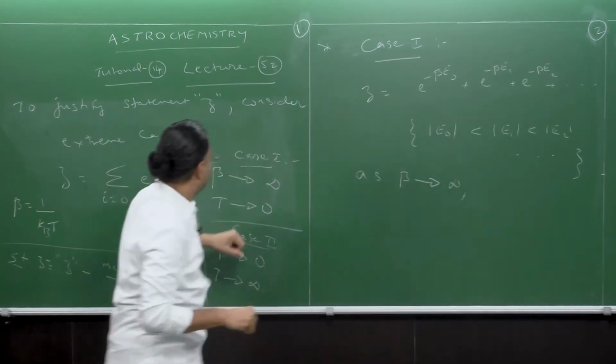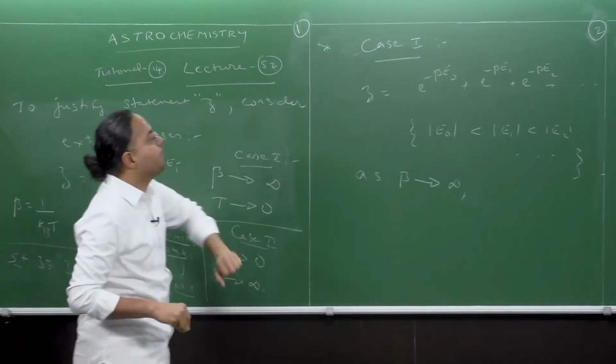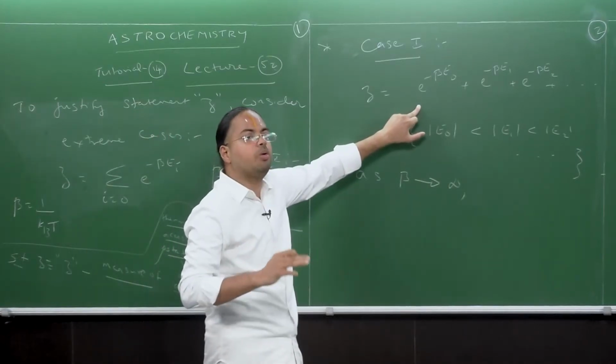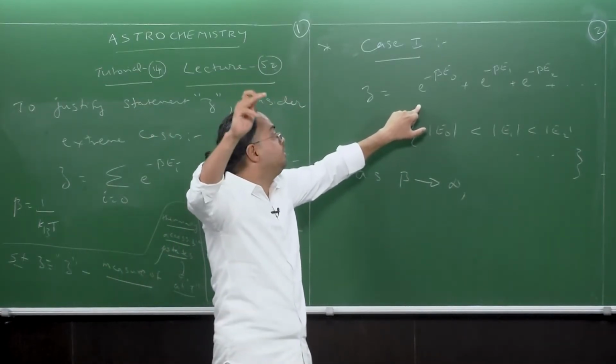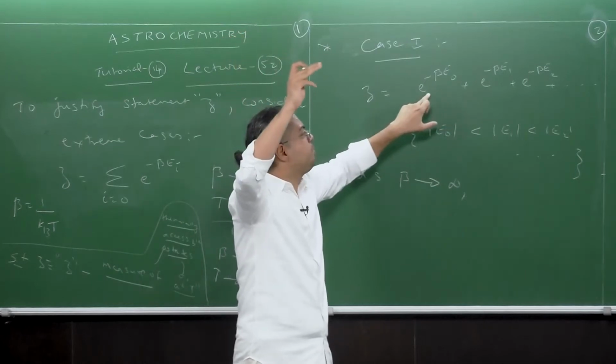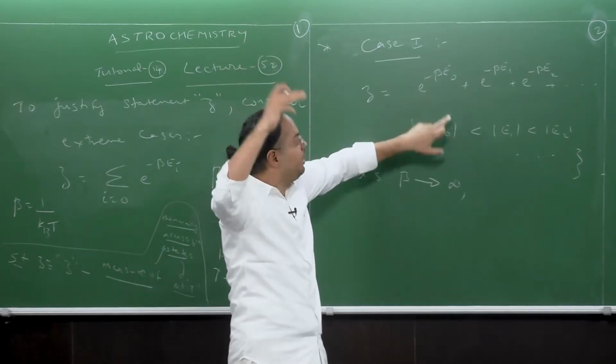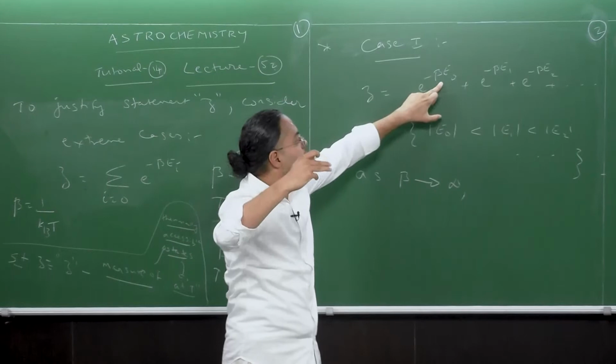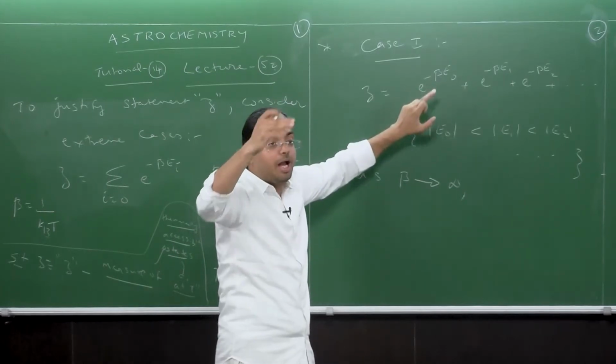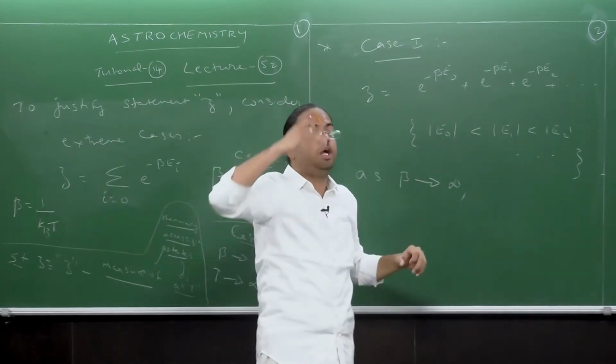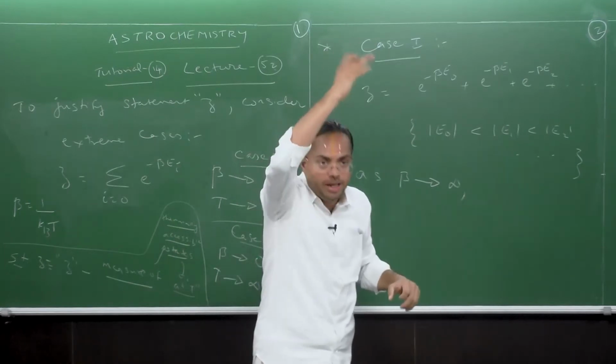what happens to this term? I'm talking about e to the power minus something very large, e to the power minus ax, where a is the coefficient, beta is my x, and x tends to be very large. E to the power minus ax is first of all a decaying function.